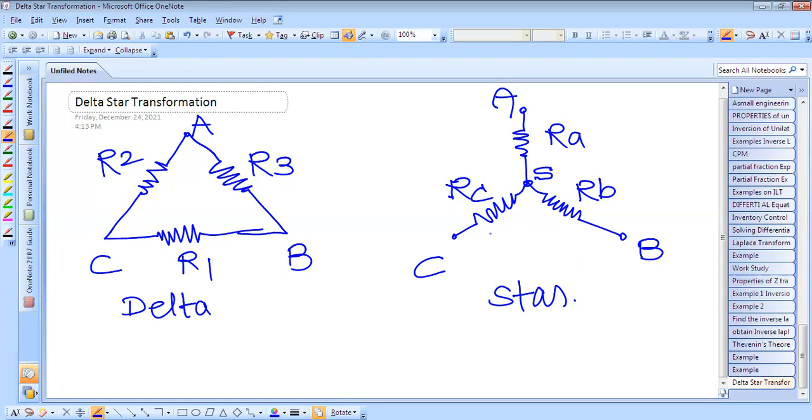Okay. So now if the star connected network is to be equivalent to the delta connected network, then the resistance between any two terminals, suppose terminals A and B, must be the same as that between the same terminals A and B of the second figure.